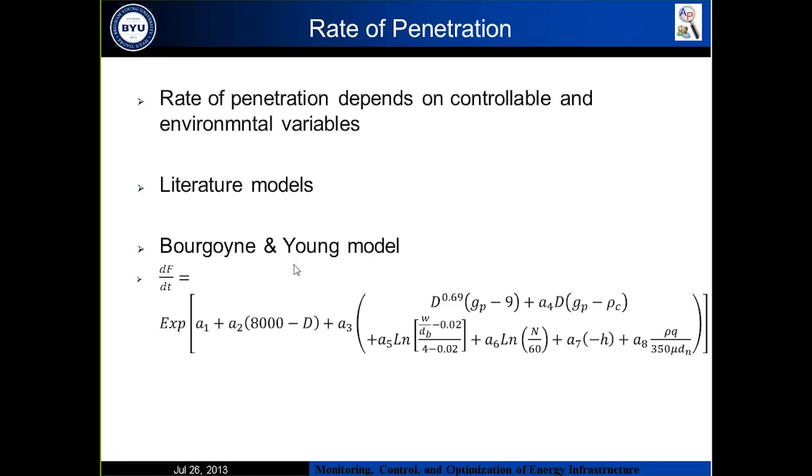You sometimes reach that boundary as you increase the weight on bit, your cuttings become more and more so you can't remove them with your mud circulation. So you asked about Riza's project, is he just trying to control to a value, or is he trying to maximize it? And his observation is this is a really big problem. It probably takes a whole program of work versus a project. So is it realistic for Riza to work on? Yes.